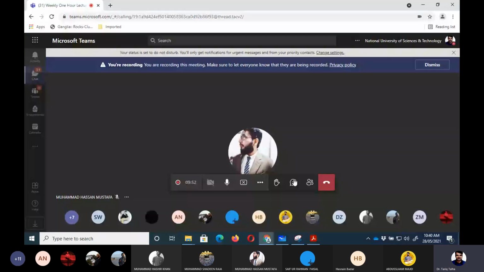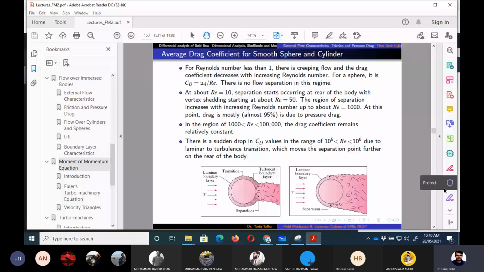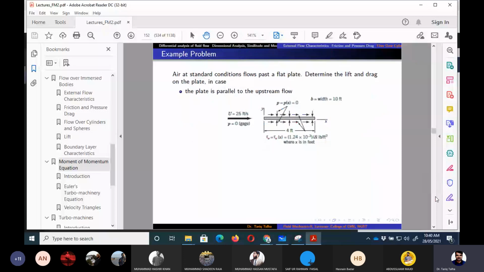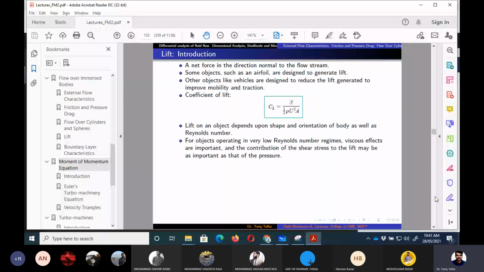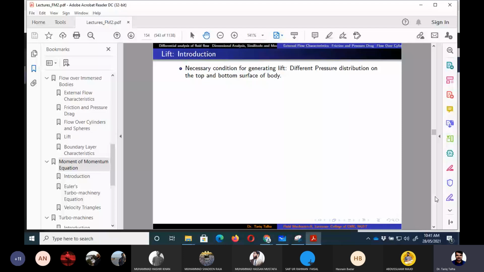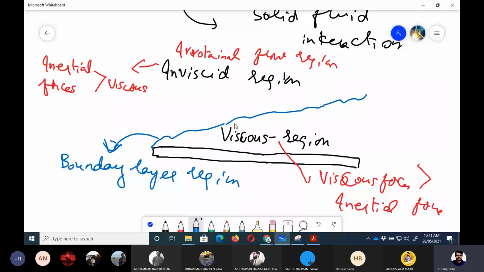Okay, so it means that we need to discuss the boundary layer characteristics in a little bit more detail. Because up till now we have just discussed that if the boundary layer is laminar, the wall friction drag would increase and the pressure drag would reduce for the flow over cylinder. But what are the characteristics of boundary layer, or what are the parameters which define a boundary layer, and for flow over boundary layer, what kind of equations we need to solve? Because for the total flow field, we know that we need to solve Navier-Stokes equations.